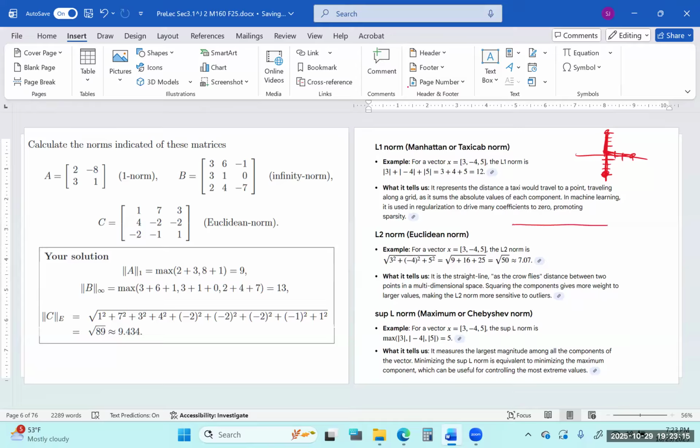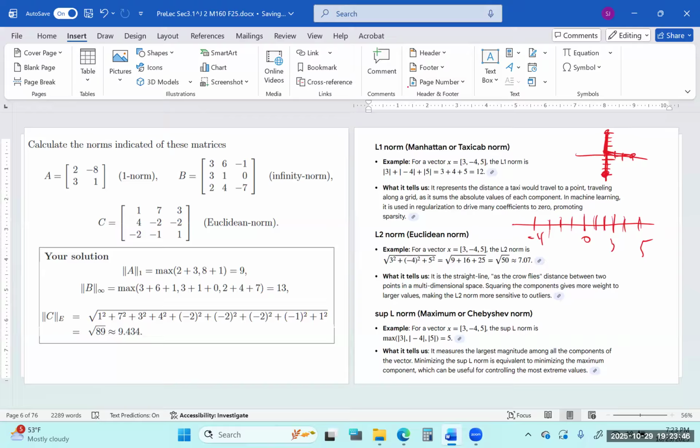Oh, maybe I should draw it in 1D space because L1. So what is the number line? So we have -4. Then we have -3 to -1, 0, 1, 2, 3, 4, 5. So how many units do we have? 1, 2, 3, 4, 5, 6, 7, 8, 9, 12. No, I don't know. I don't even know what they mean.